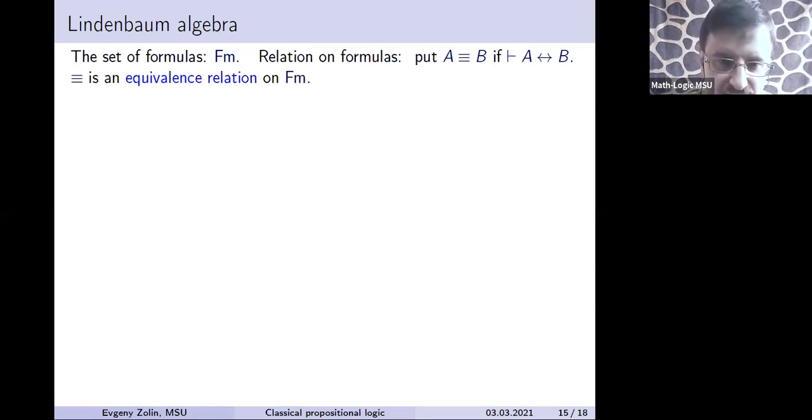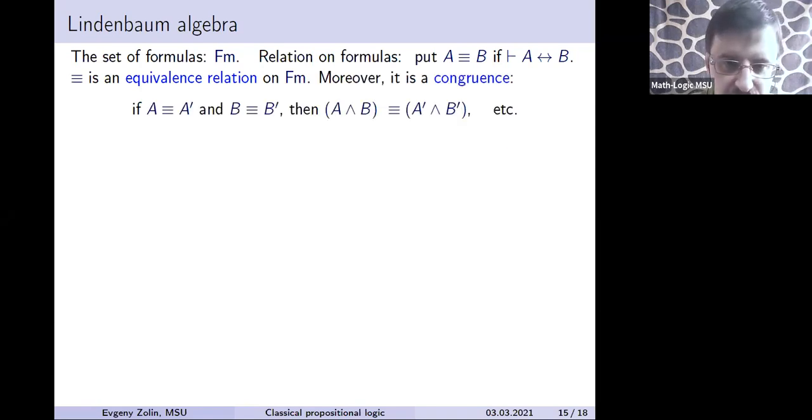So this is an equivalence relation. It is reflexive, transitive, and symmetric. And therefore, the set of all formulas is divided into equivalence classes. Moreover, it is not only an equivalence relation, but it behaves nicely with connectives.